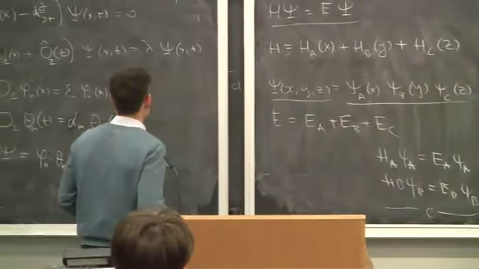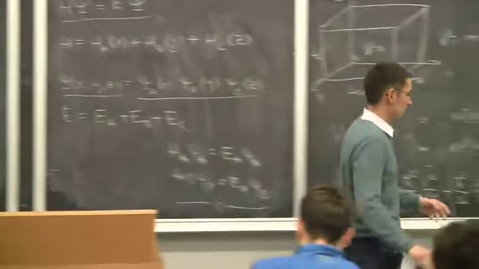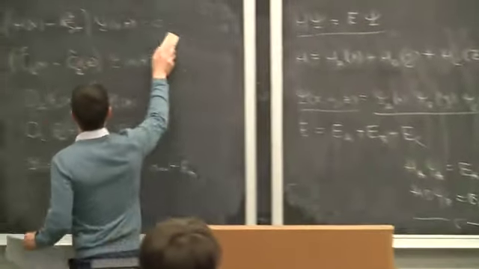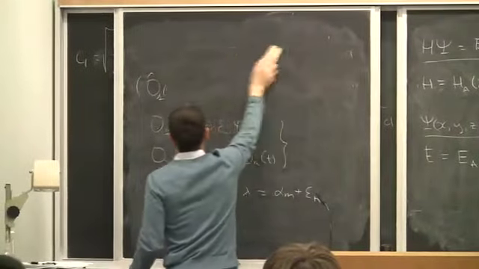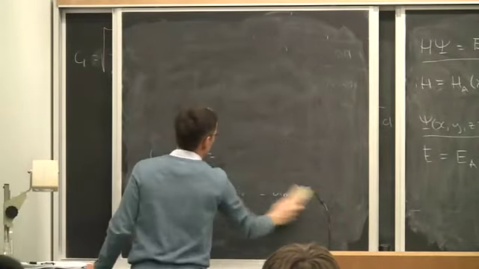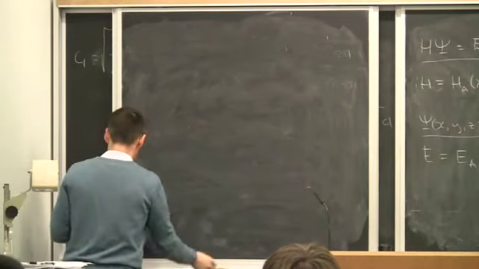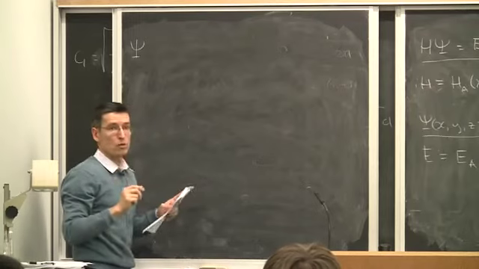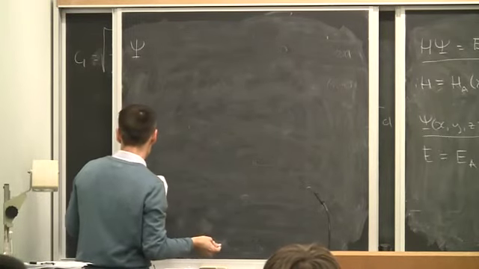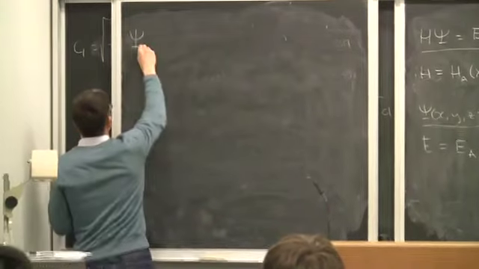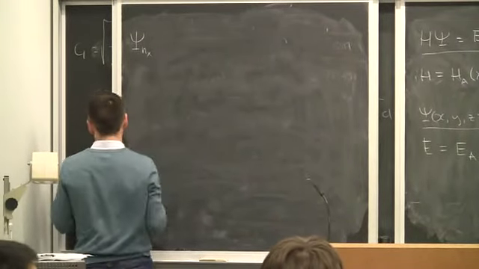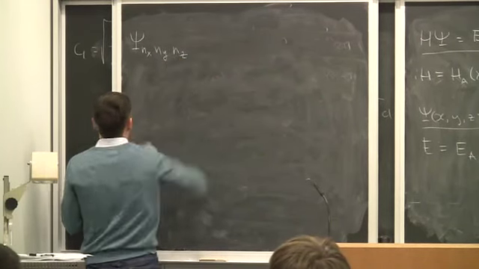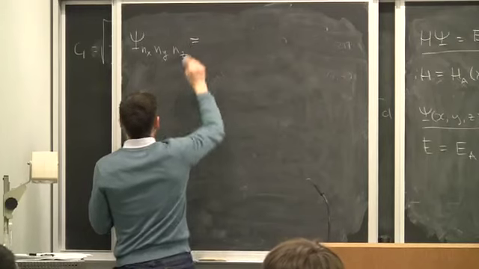One way to keep track of all that would be proper indexation. Say if you want to talk about a specific solution of the three-dimensional problem, you need 3 subscripts, x and y and z, right?